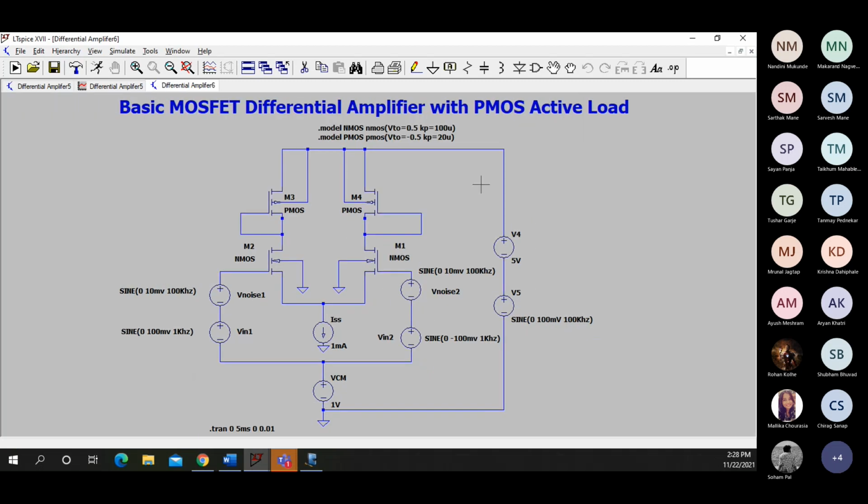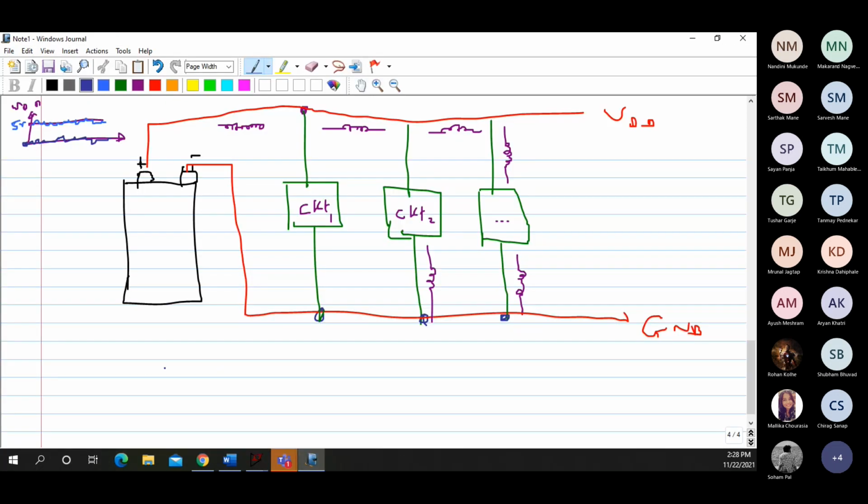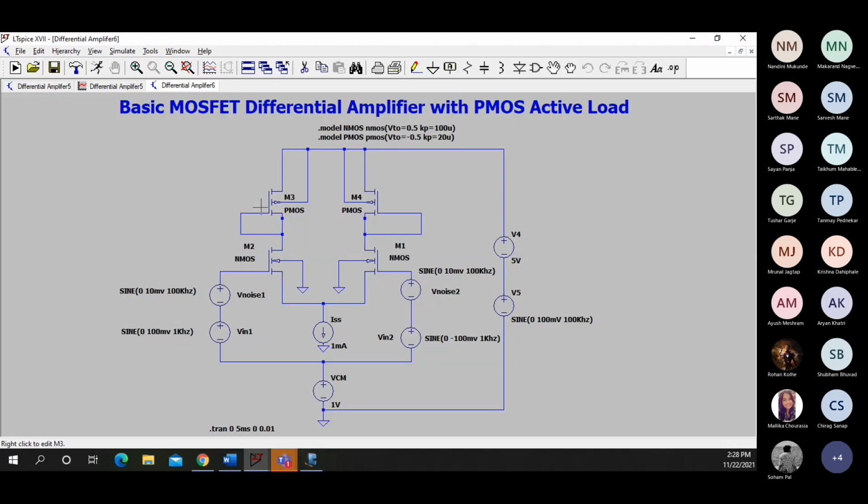Now see here, I have replaced the resistances by PMOS. Now there are no resistances, there are only MOSFETs. The resistance that a MOSFET will offer: you can see here the drain and gate are shorted.